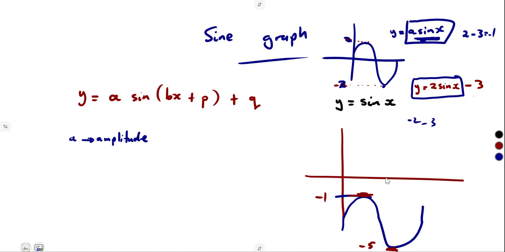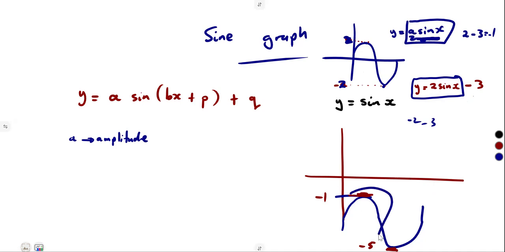We saw the effects of how it is when it is like this: when it is 2, this is 2, this is minus 2. But when there is another effect, it won't be like that. If you calculate your amplitude, you will still get the same answer.